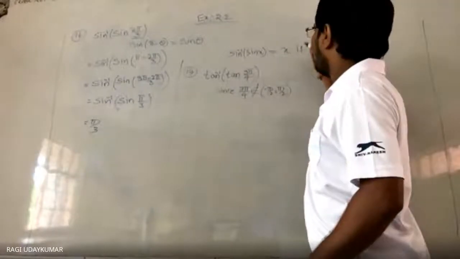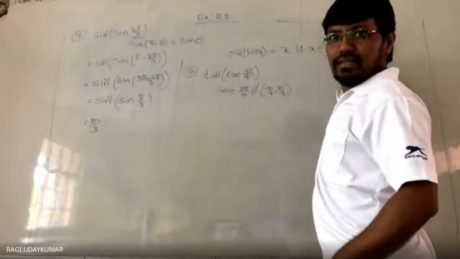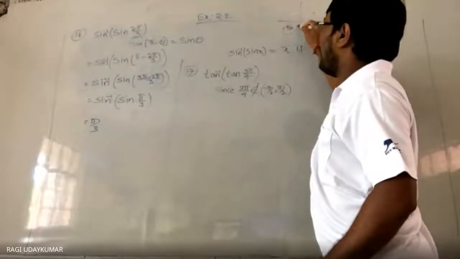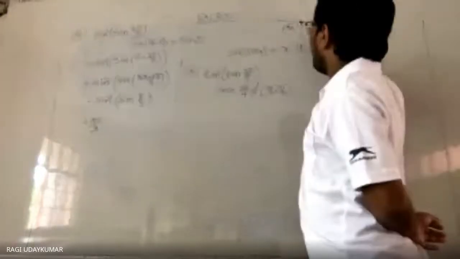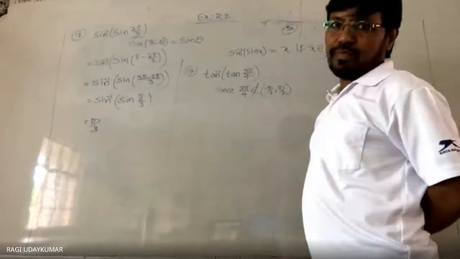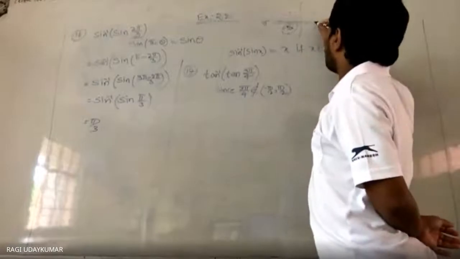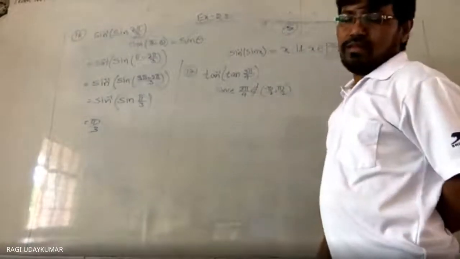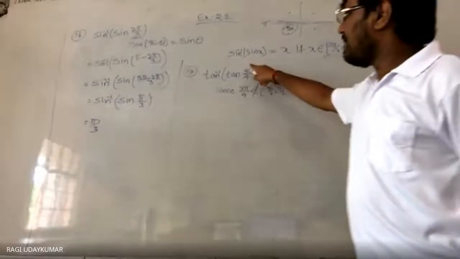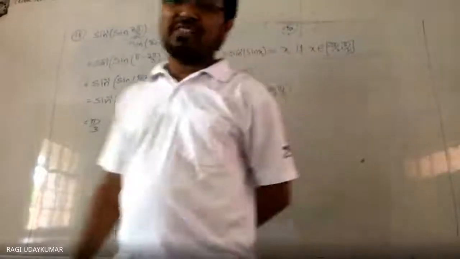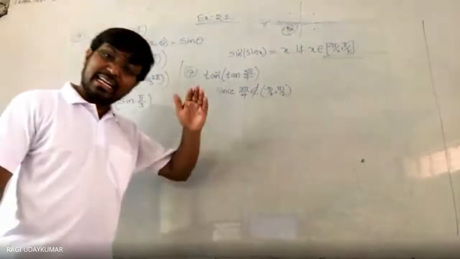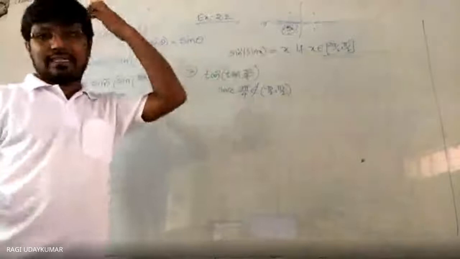T means tan. You can write this as π plus θ or 2π plus θ. If you write π plus θ, 2π plus θ, the value keeps on increasing. It is not decreasing.